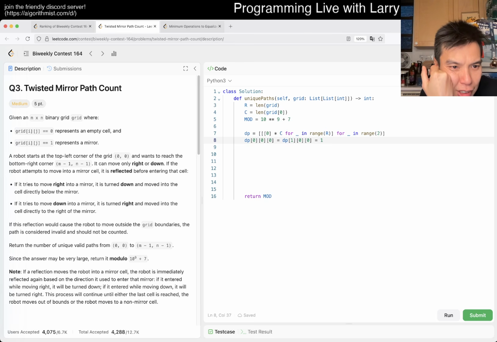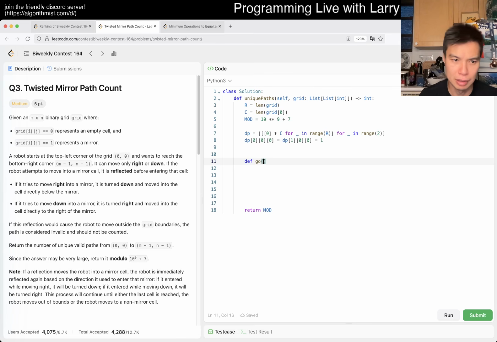Do we have a choice? I kind of want to write it this way, but maybe it's not the smart thing to do. I don't know. I guess we'll just write it this way.